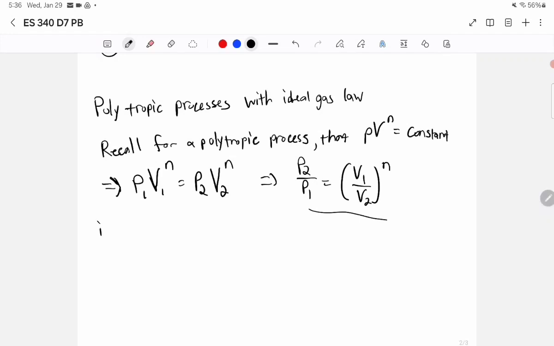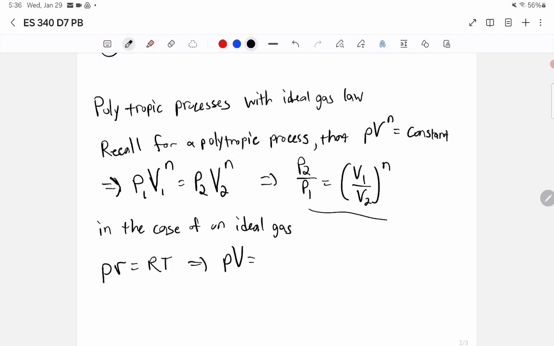But in the case of an ideal gas, you can recall the following, that PV is equal to RT. That was an ideal gas, right? Which means that PV is equal to mRT.